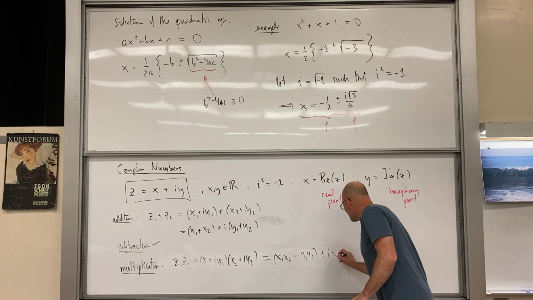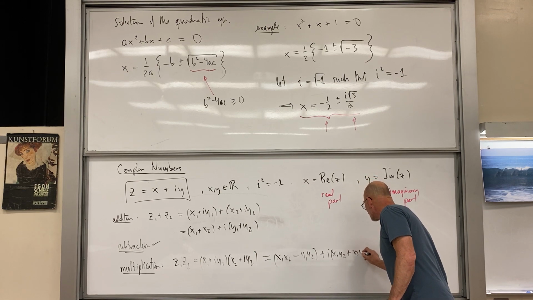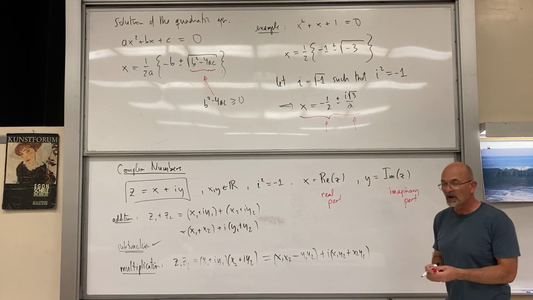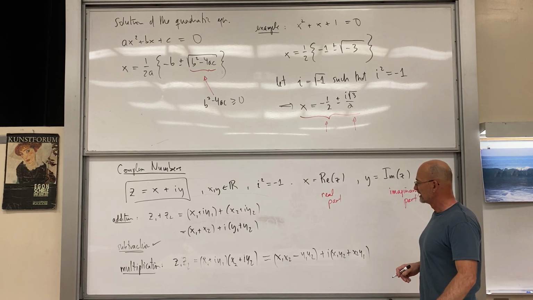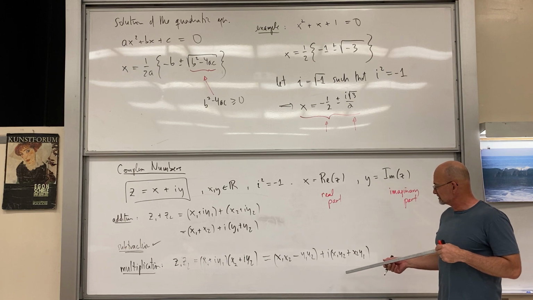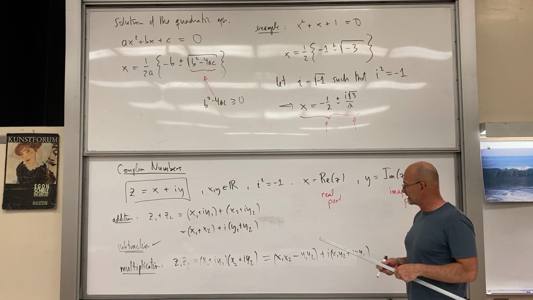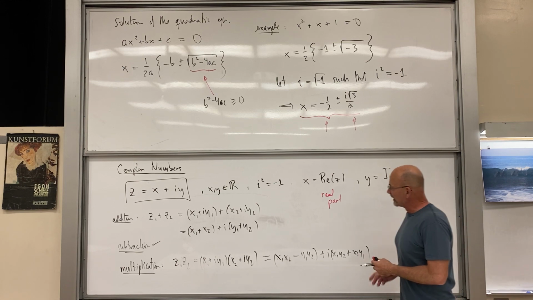So i times x1 y2 plus y1 x2. So there's the multiplication. Okay, it's already not looking so simple as addition was, but we can multiply these. There's the rule. What about division?